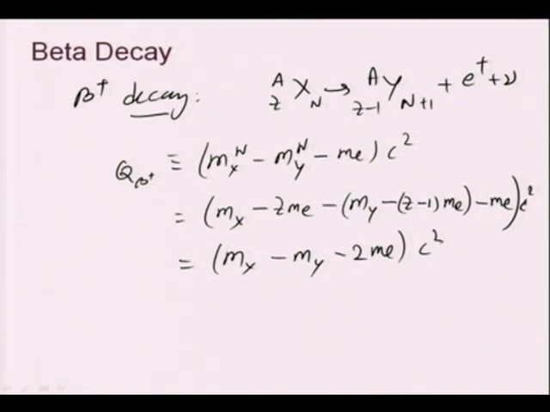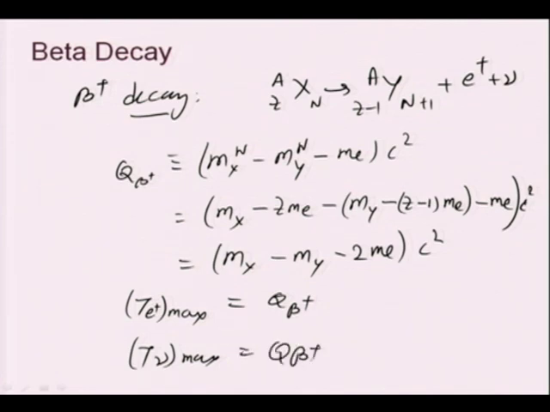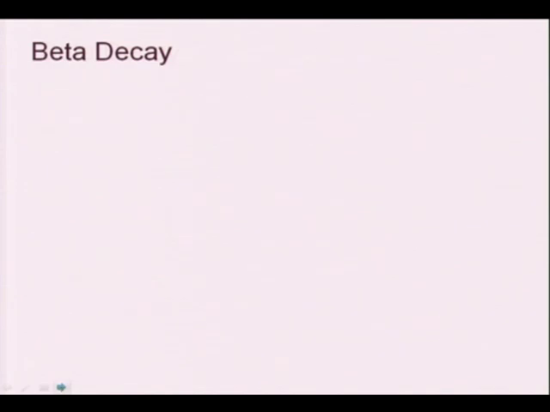In exactly the same way as earlier in beta minus decay, we can say that T_e plus T_ν is equal to Q beta plus, and similarly for the neutrinos.